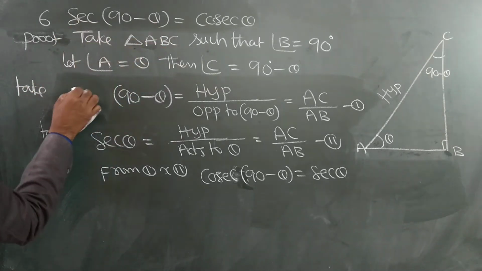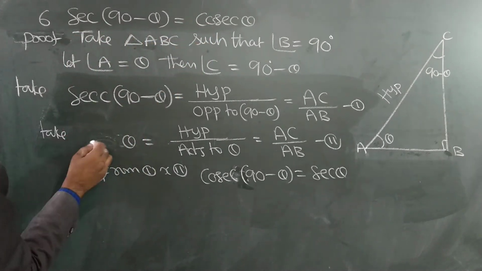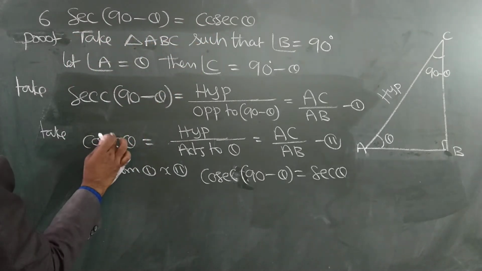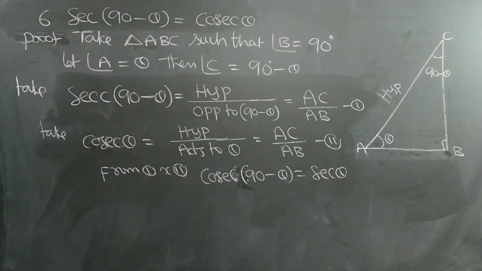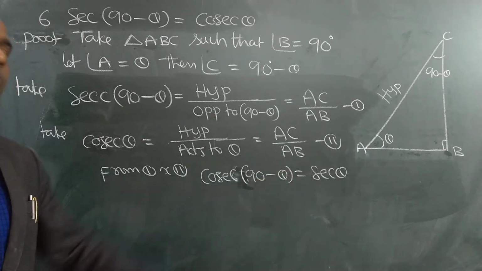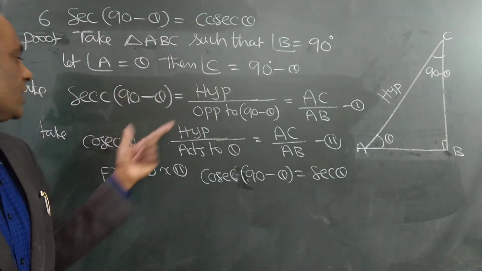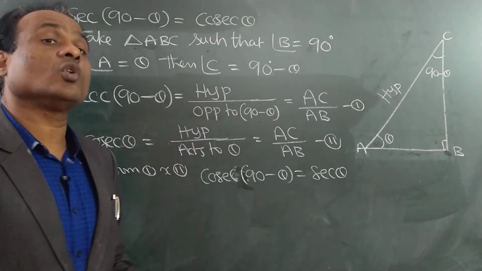Secant 90 minus theta on the left side, cosecant theta on the right side. Let us find both the values. If both are the same, then we say that both are equal. If we prove that both are equal, then we say that both are equal. So secant 90 minus theta you find, cosecant theta you find. See what ratio you are getting.